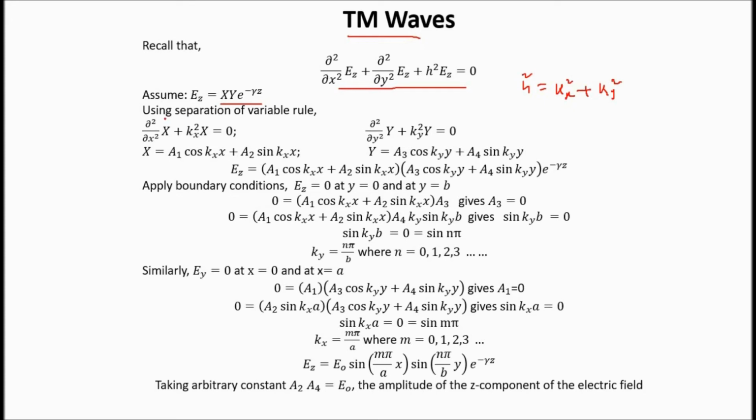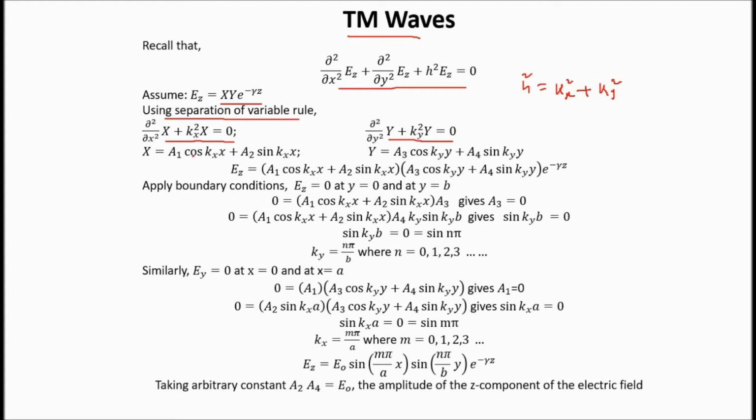Now we use the separation of variables rule, and we can write the x variation plus kx squared X equals 0, and the y variation, partial squared over partial y squared of Y, plus ky squared Y equals 0.